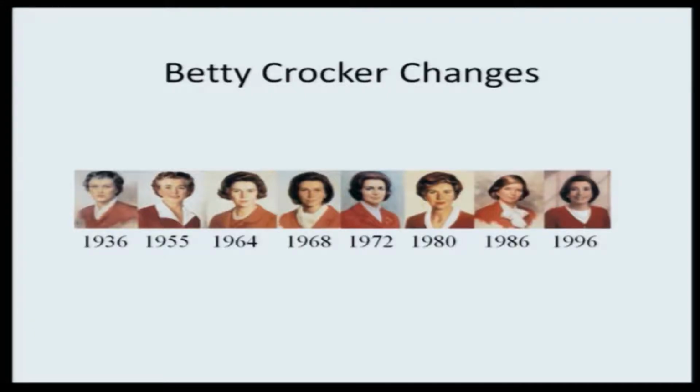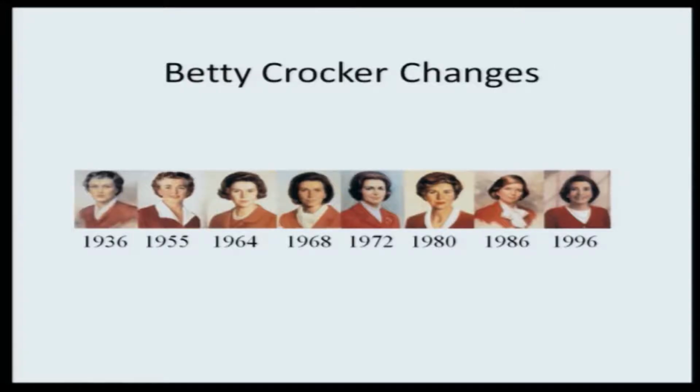The lady in 1936 is far different from the lady in 1996. But if you look at the intermediate phases, the model who endorsed the brand in 1936 and the get-up of the model in 1955, you see much similarity. Similarly between 55 and 64, 64 and 68.